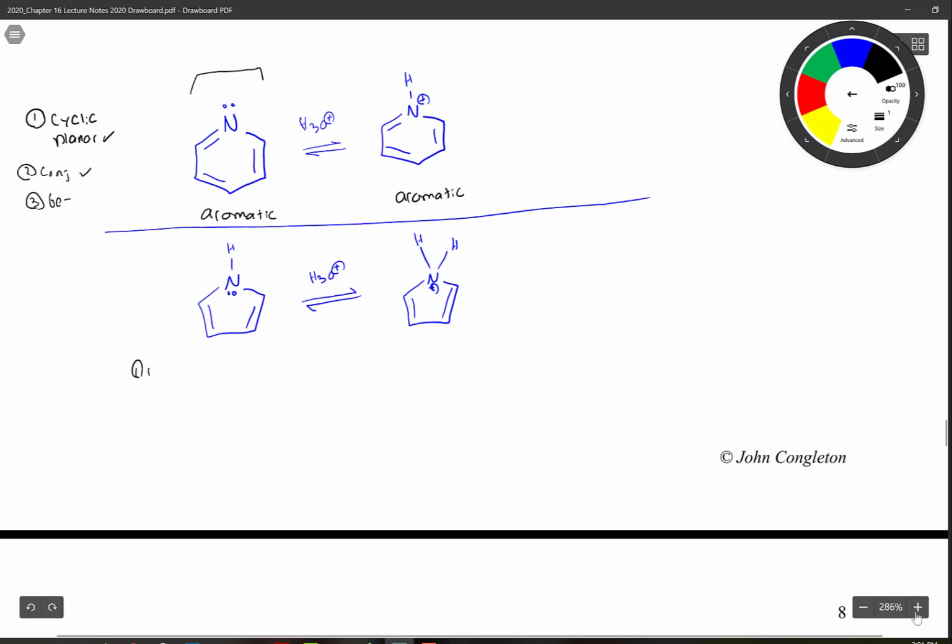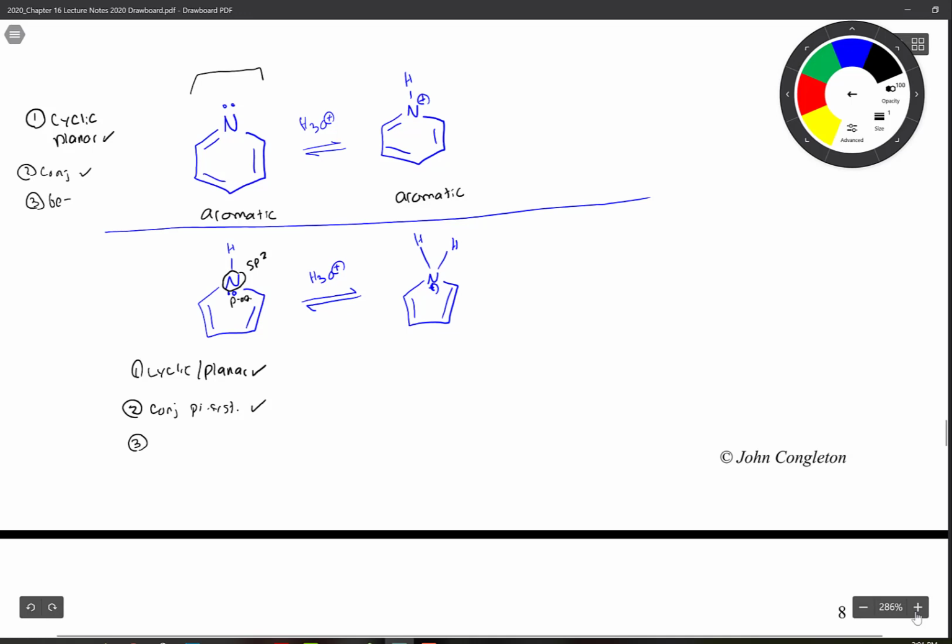So, number 1, are we cyclic and planar? We are. Number 2, do we have a conjugated pi system? Well, if we make that atom sp2, which it is, then these electrons are in a p orbital. So then we are conjugated.